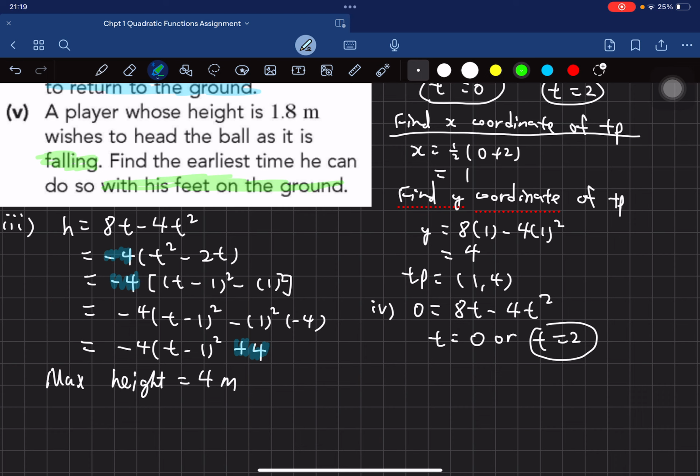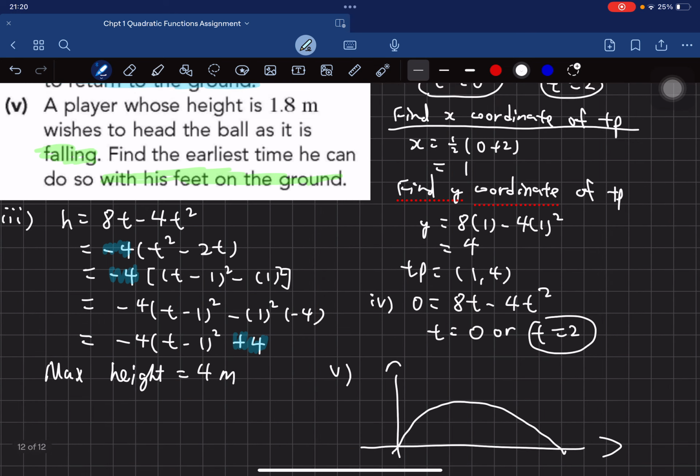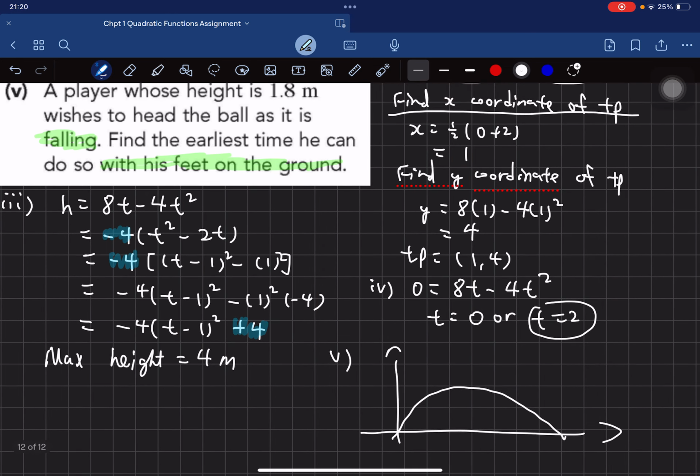So for my part 5 over here, if I draw bigger, the person's height is 1.8 meters. So we try here, 1.8. A person is here, the height.